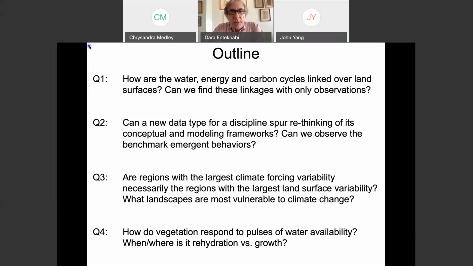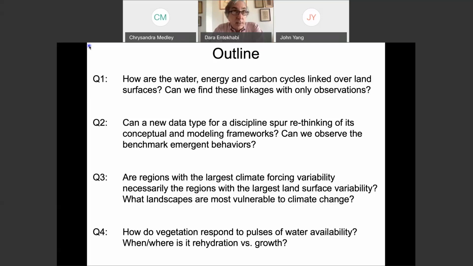So the first question is really the fundamental one: how are the 3 main metabolic cycles of the climate system, the water, energy, and carbon cycles, linked over land surfaces? Depending on how they're linked, they will determine how perturbations from one propagate to the other. So it's quite important.